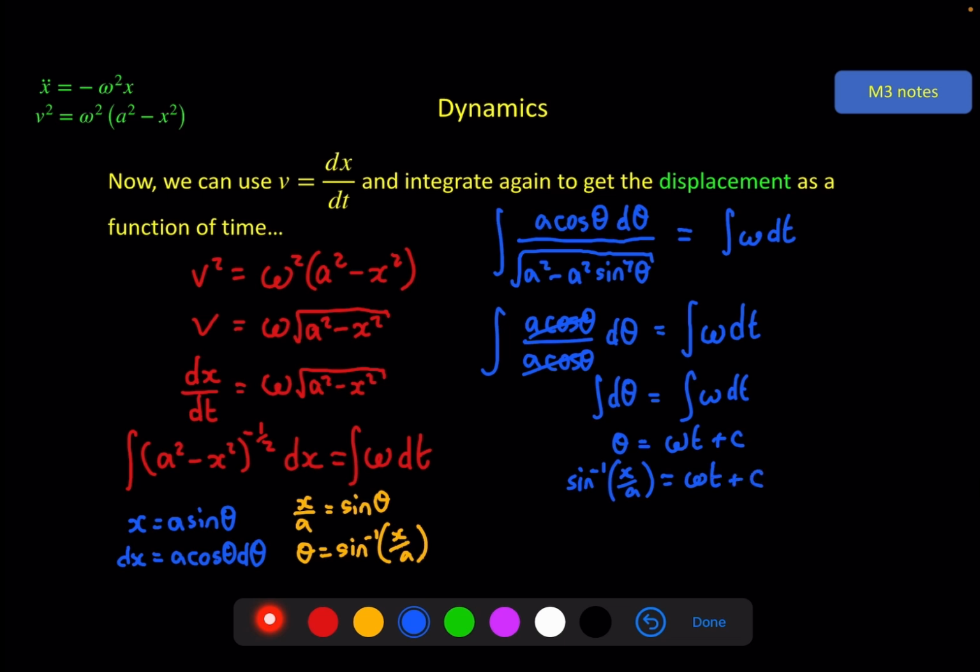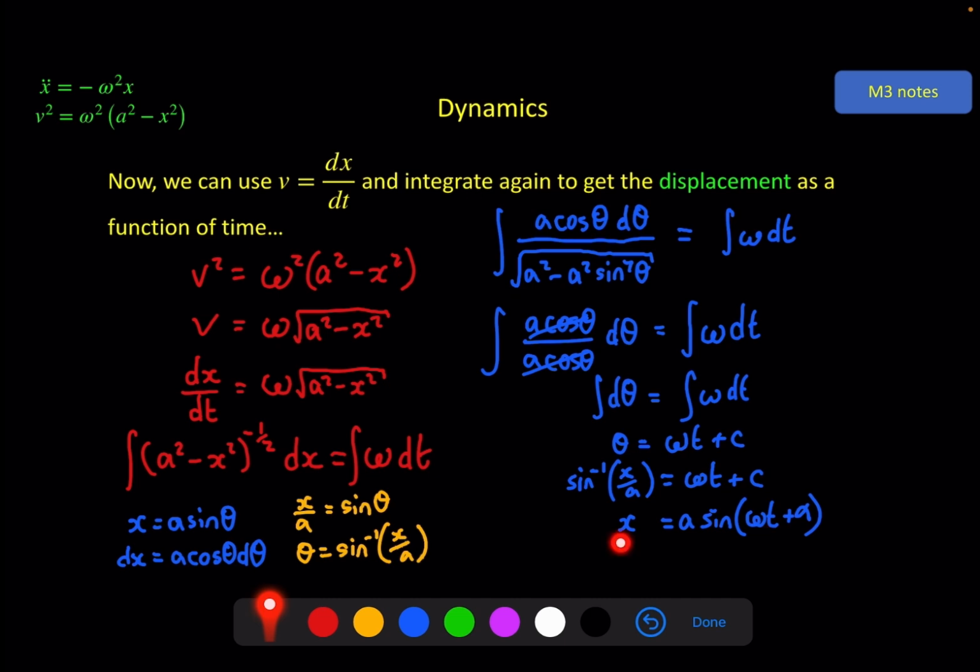Rearranging this to give x as the subject, we're going to have to do the sine of omega t plus c, and that will give us x over a, so we multiply by a, and we get x is equal to a sine omega t plus c like this. Now to link up with what the textbook says, I'm going to use an alpha here instead of a c. So this is a function for the displacement of the particle at any given time.